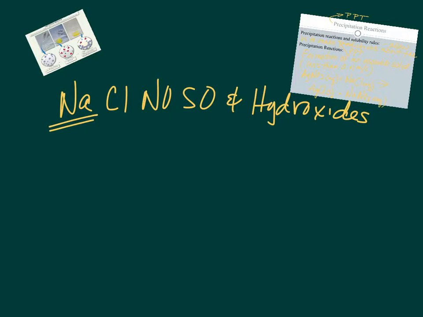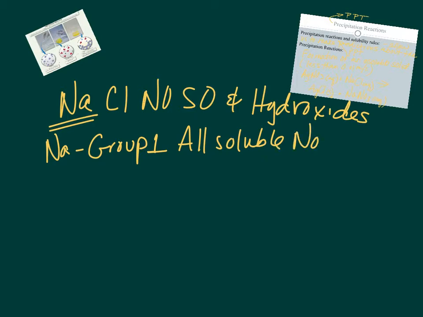So the Na in the NaCl, the Na is group 1. And all group 1 are all soluble, no exceptions. So that means anytime Na is in a compound or any other group 1 element, it's going to be soluble.